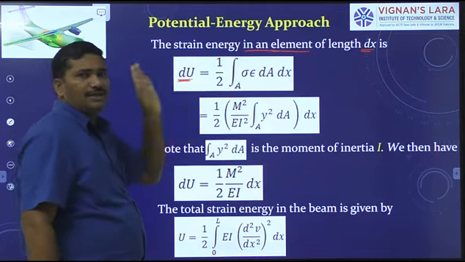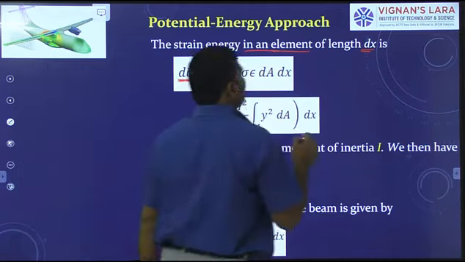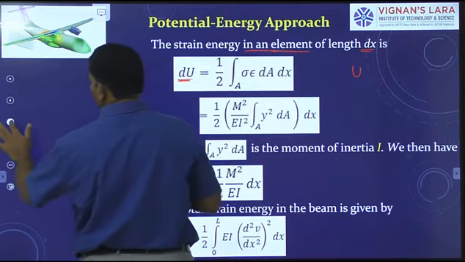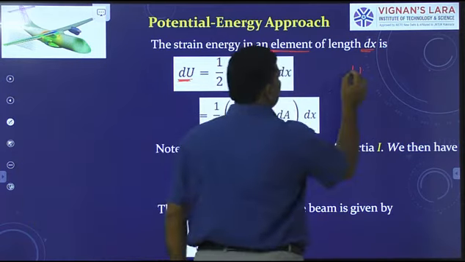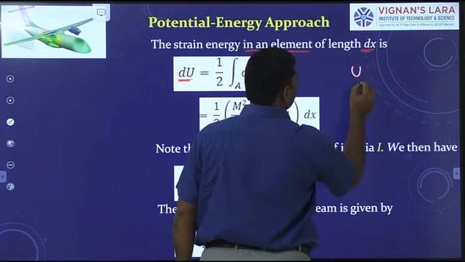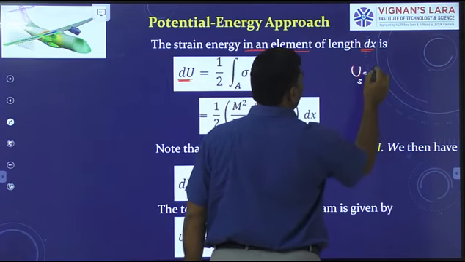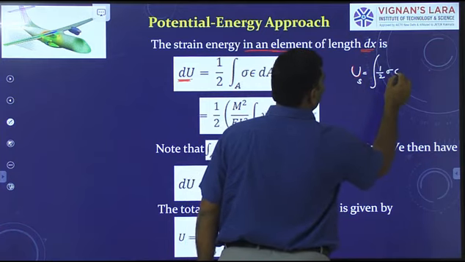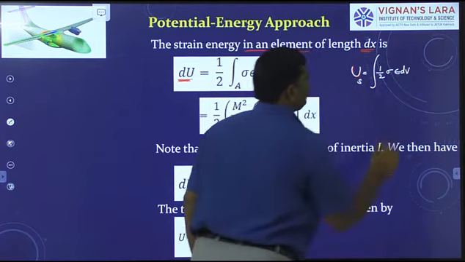We know how we get this, because the strain energy of an elastic solid U equals the integral of half into sigma into epsilon into dV. This is the expression.